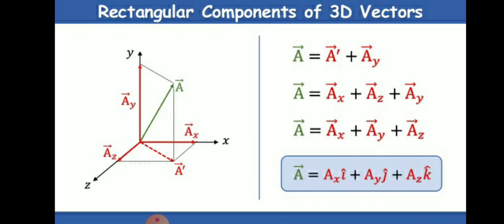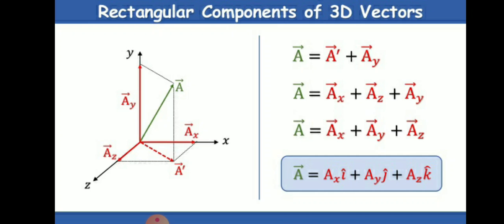Now vector Ax can be written as its magnitude into direction, that is Ax i cap. Similarly, vector Ay can be written as Ay j cap. Vector Az can be written as Az k cap. So this is a representation of the rectangular components of a three-dimensional vector.